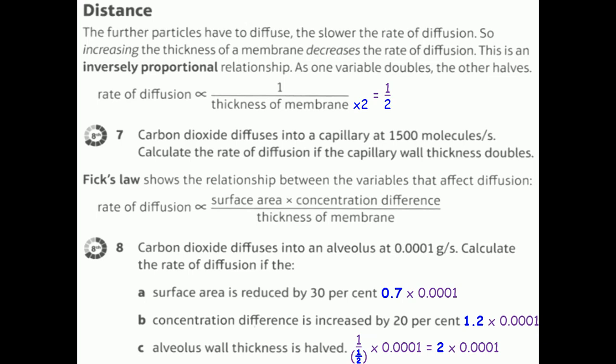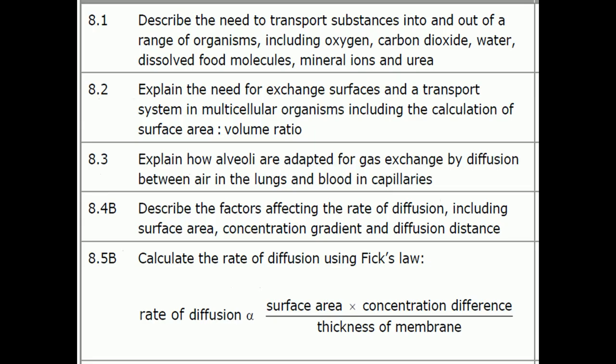So when it increases by a factor, the rate of diffusion will change by the inverse of that factor. In other words, it actually decreases. And you should be able to then do calculations based on what they ask you in terms of what increases and what decreases. So these are all the things you should know based on the spec from the information that we've just discussed.